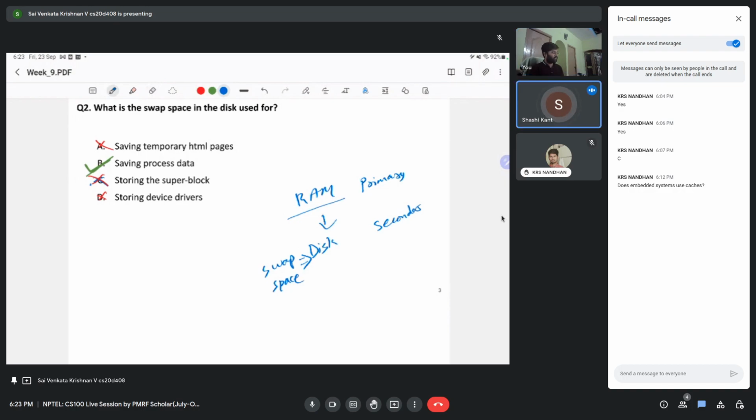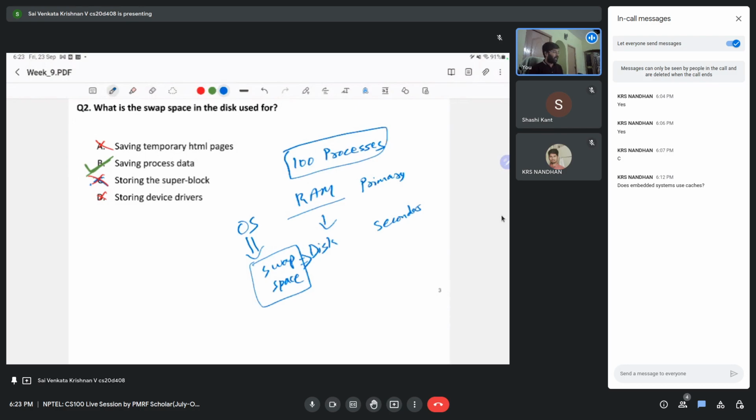So it will have latency, because you have to go back to disk. Yes, whenever you access the swap space, there will always be a latency. You're reserving some part of the disk so that the OS knows the contents in the swap space. Say you have 100 processes actively running, and your RAM can just store 99 of them.